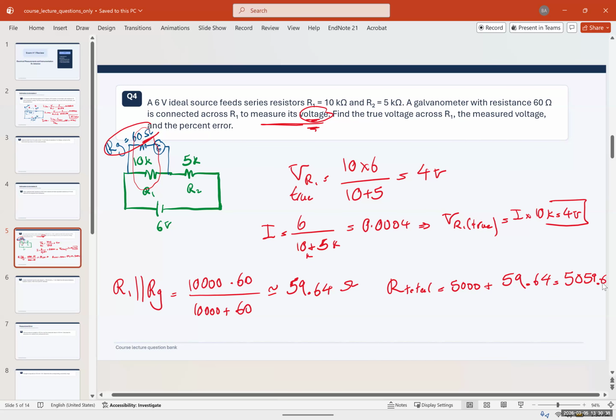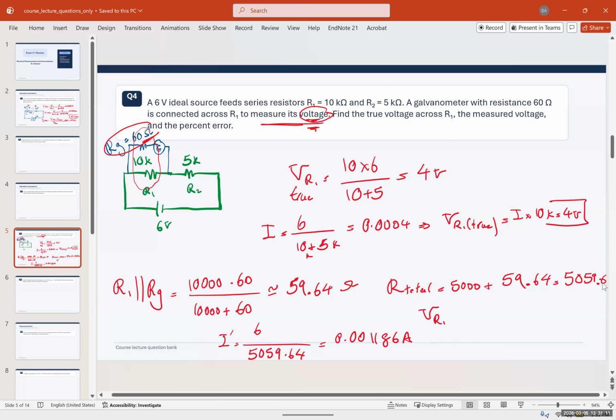Now, again, we can find the current here. I'm going to call it I prime. It's going to be 6 volts divided by the total resistance, 5,059.64, which gives us a current of 0.001186 amps.